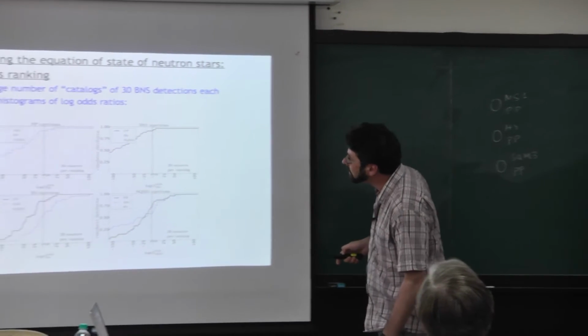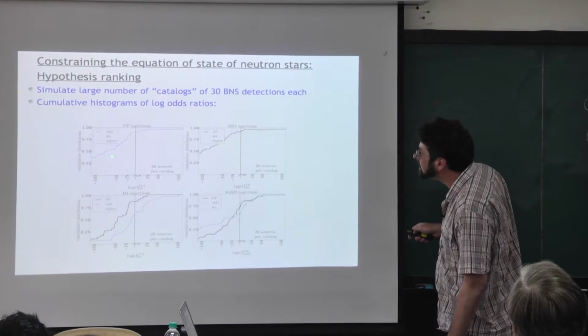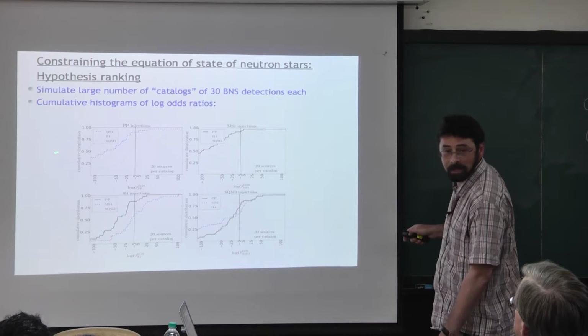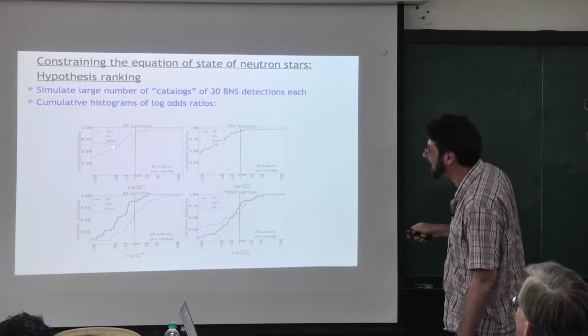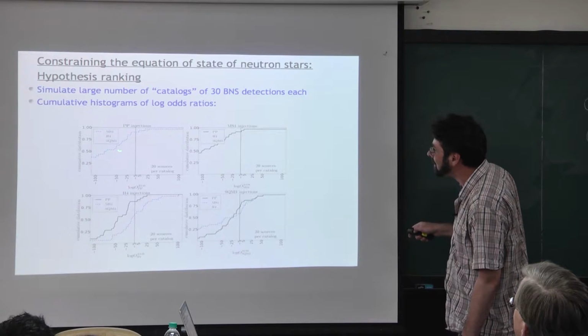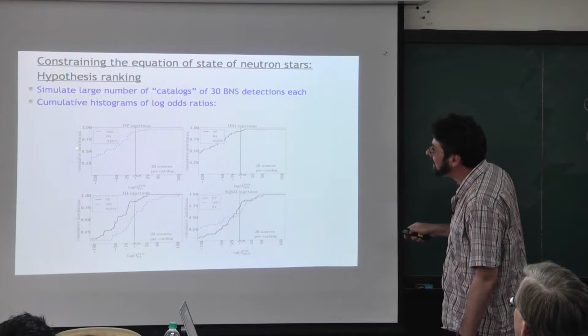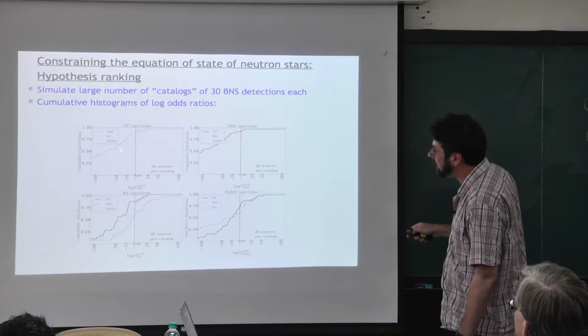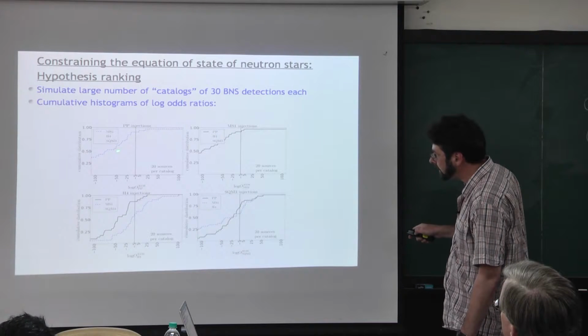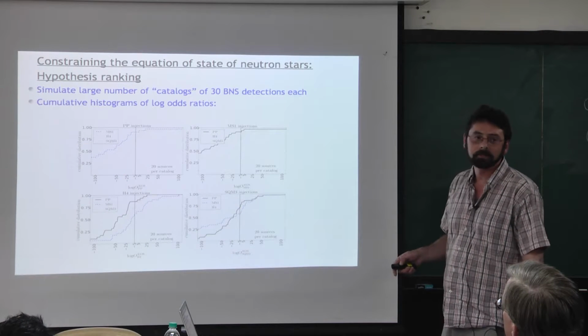So what does that mean, cumulative distribution? Well, for instance, this is green or yellow? I can't tell, but green, okay. So that is the middle dotted line here. So in 50% of the cases, this number here will be smaller than -50.